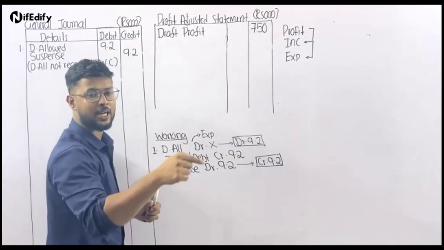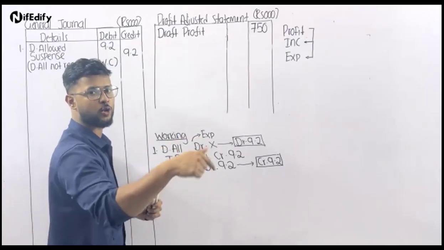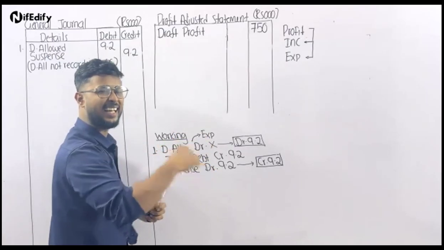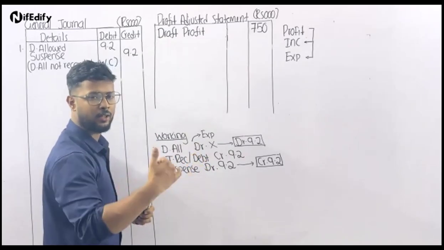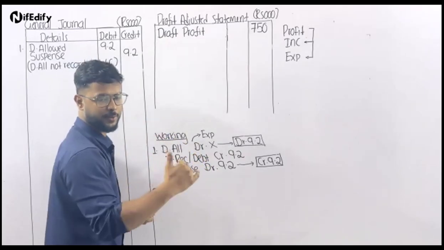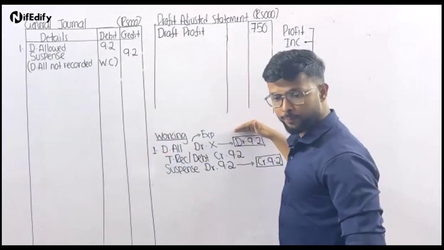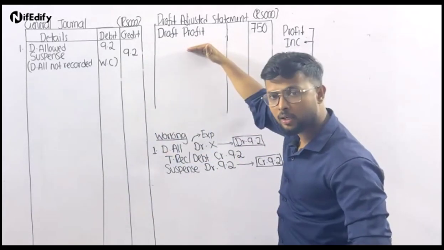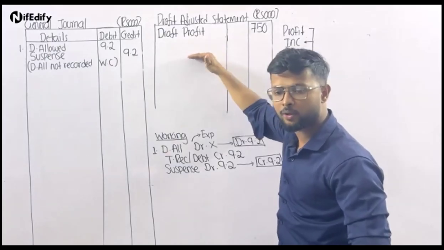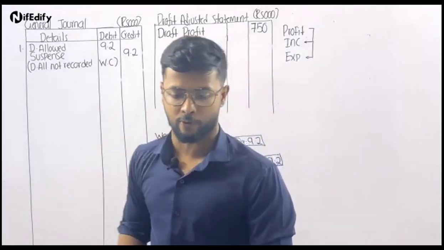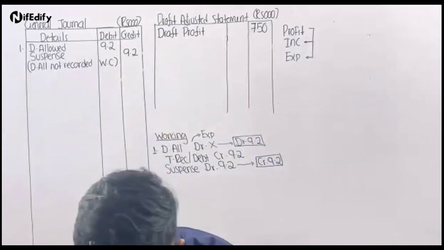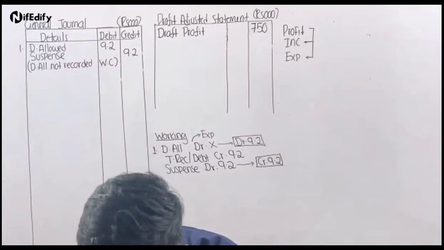So if something that should be deducted is not deducted, then what has happened to the profit? Answer me. If the expense of 9.2 that should be deducted from the profit is not deducted, what would have happened to the profit? Exactly.